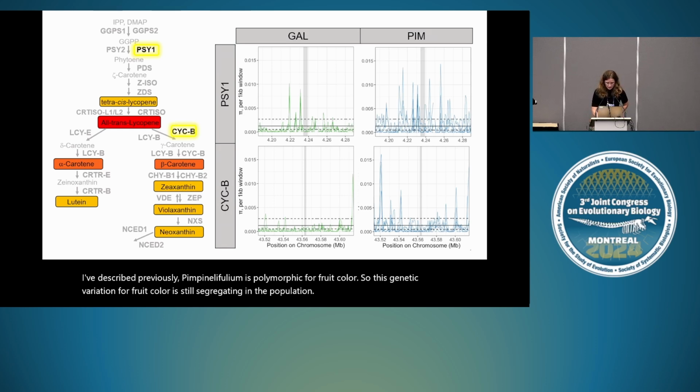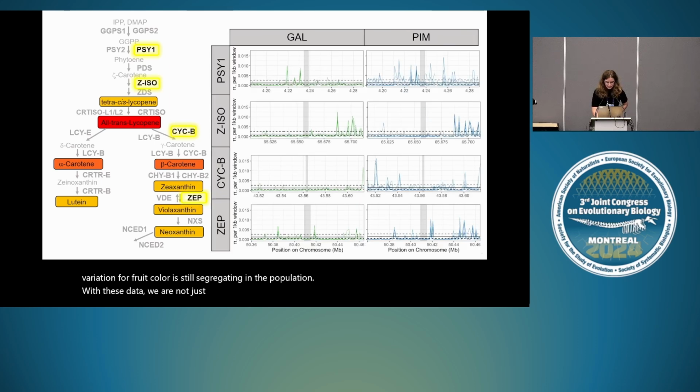With these data, we are not restricted to just these 2 genes, however. We can also look at a number of genes across the pathway. Here I'm showing essentially the same plots, except I've also included ZISO and ZEP, which are 2 other genes that are not yet known to be involved specifically in orange coloration, but are involved in the pathway.